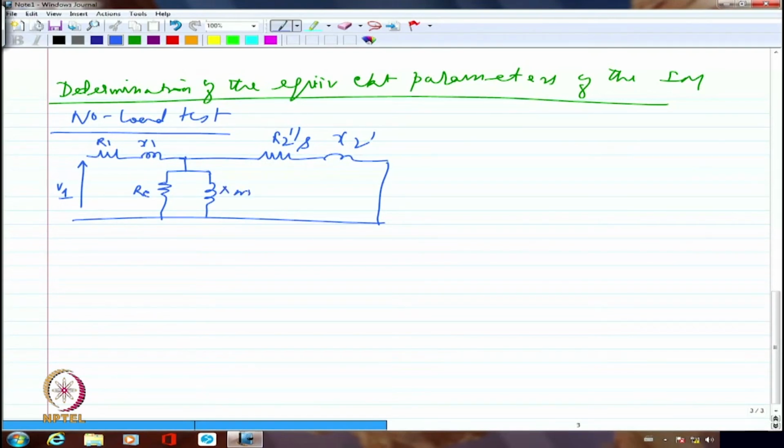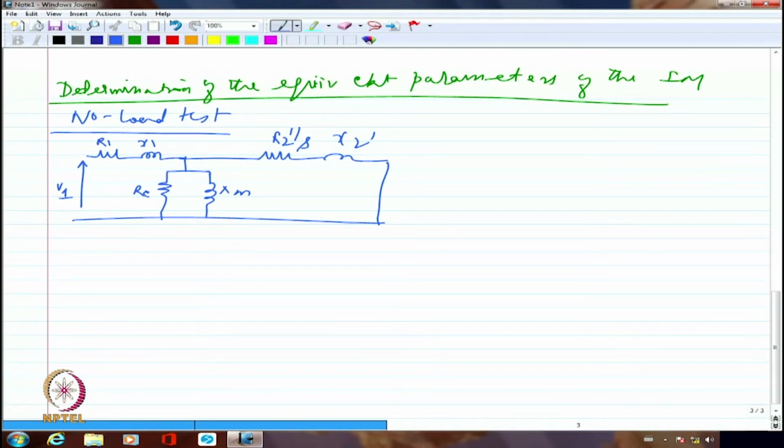When it is running freely, it is as good as no load. The torque is 0. When the torque is 0, the slip will also be close to 0, if not exactly 0. Slip will be close to 0 because I'm asking for literally 0 torque. I don't want any torque.